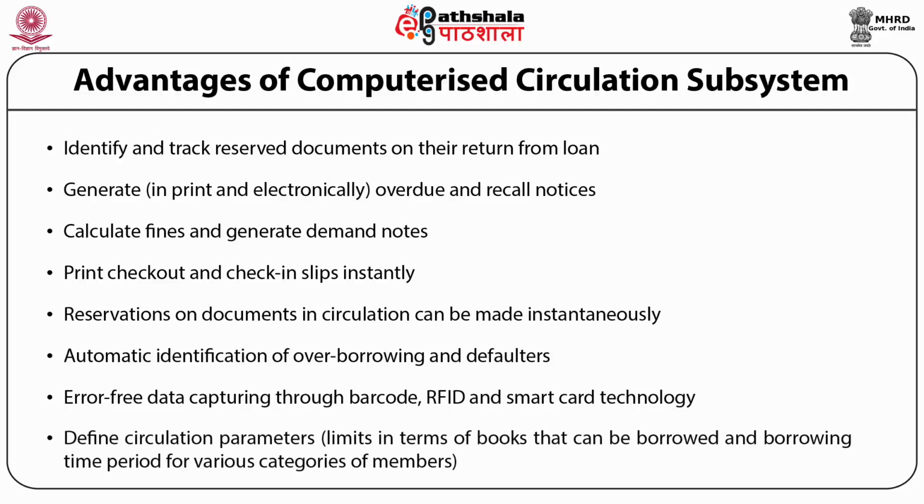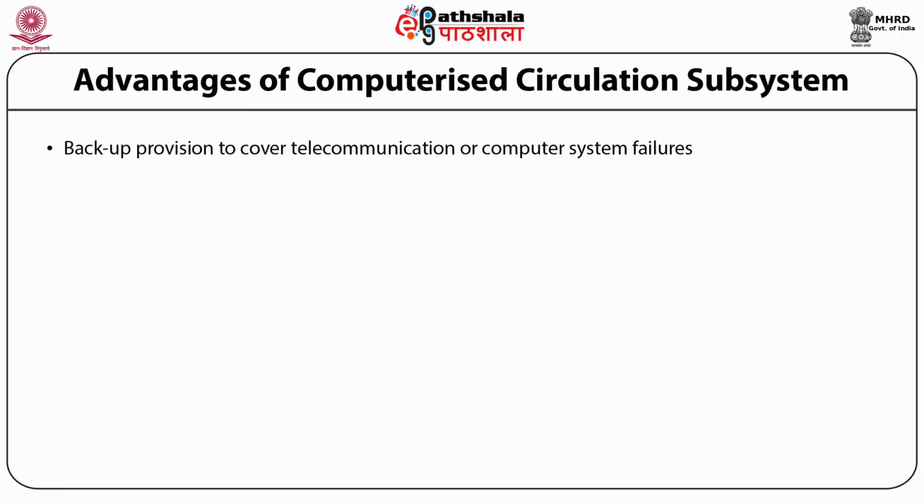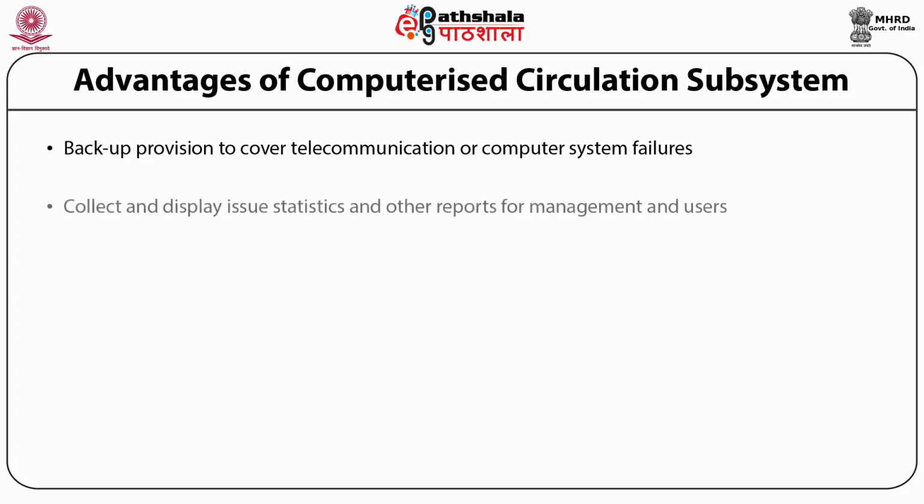Define circulation parameters, that is limits in terms of books that can be borrowed and borrowing time period for various categories of members. Backup provision to cover telecommunication or computer system failures. Collect and display issue statistics and other reports for the management and also for the users. Support multiple items renewals in one step.